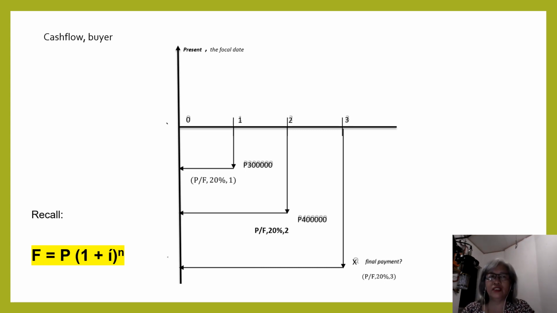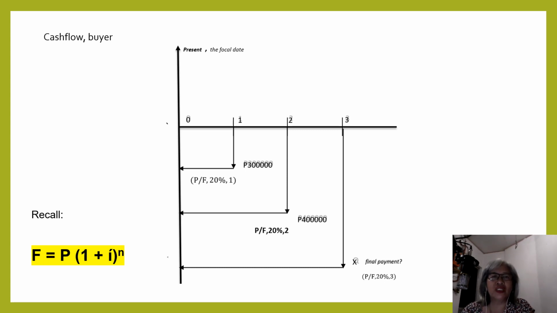We will consider the cash flow for the buyer and try the present worth of a compound amount. So we take year 0 as the present. We will take the present year 0 as the focal date.